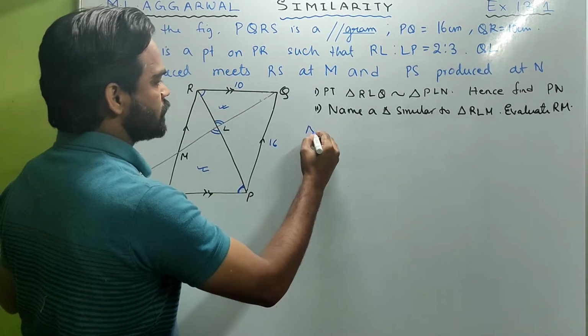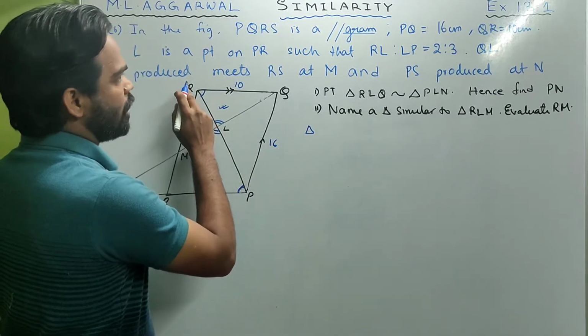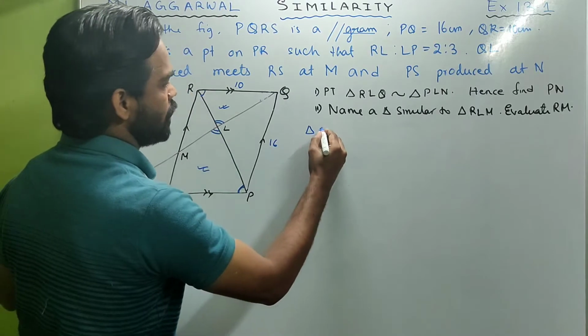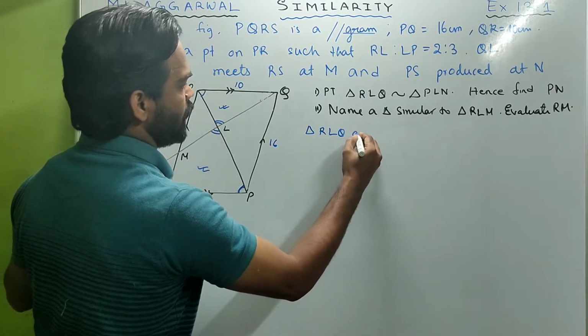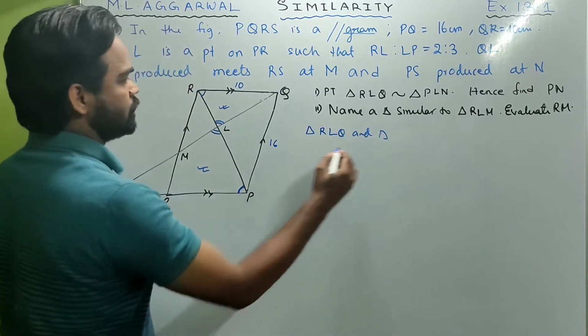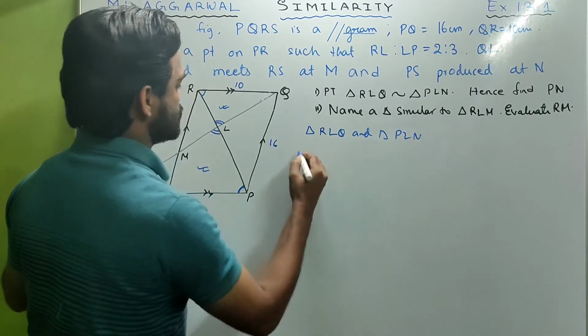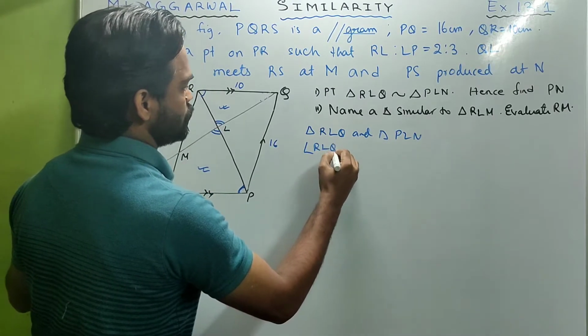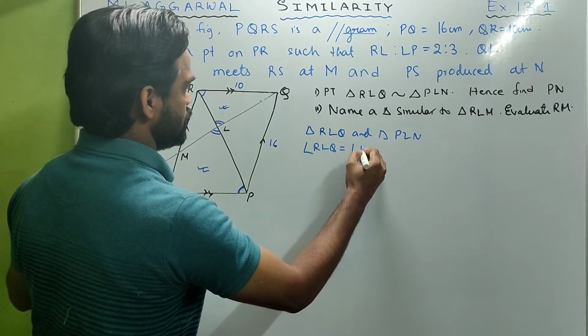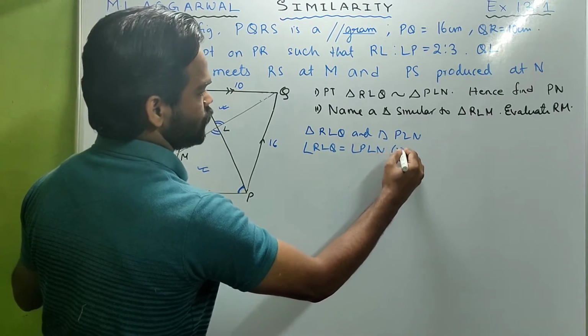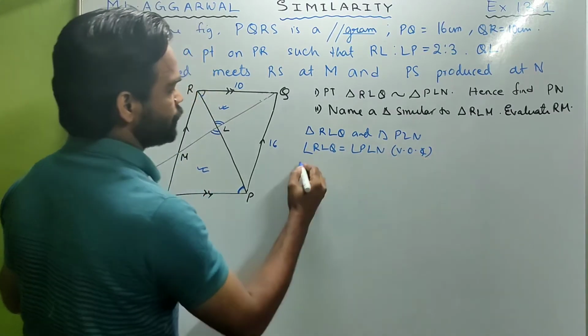Look, in triangle RLQ and triangle PLN, if you see, angle RLQ is equal to PLN. That's vertically opposite angle if you look carefully.